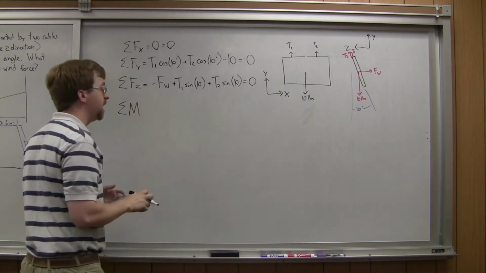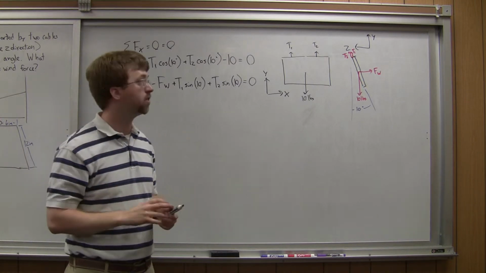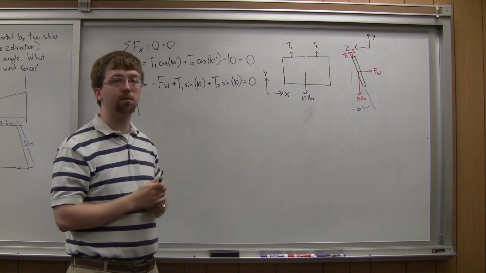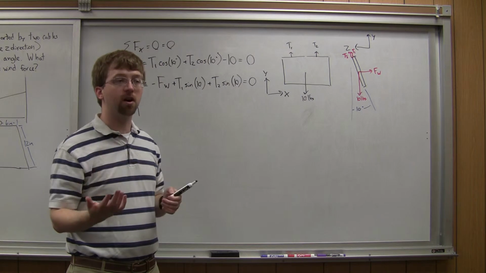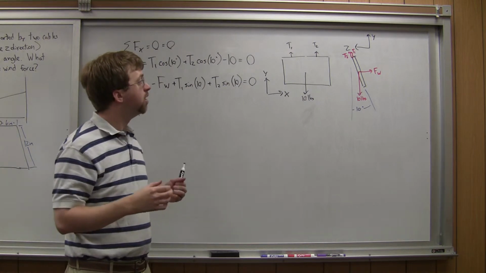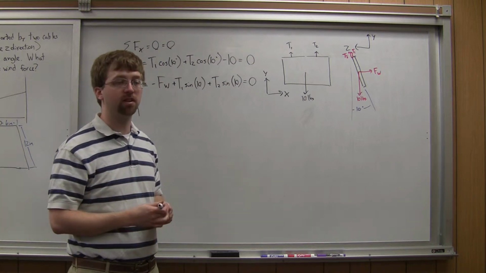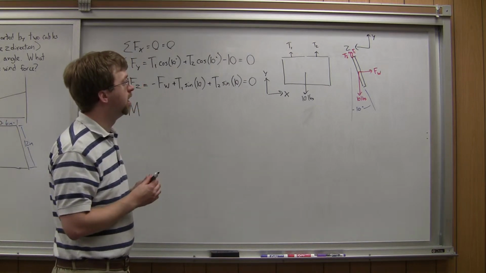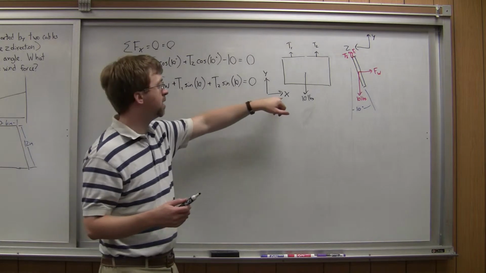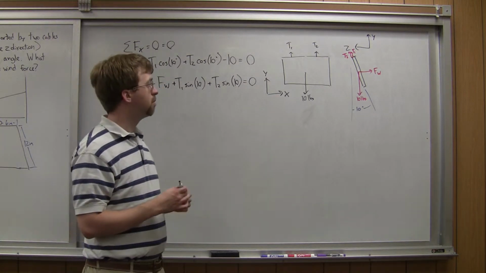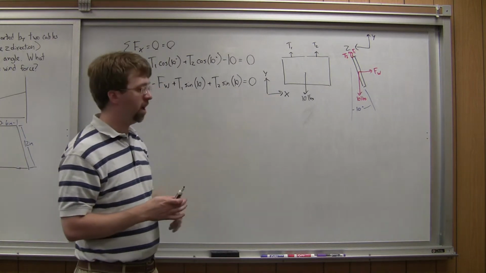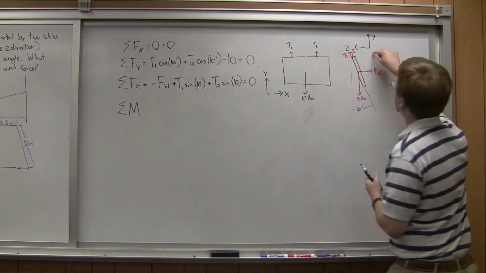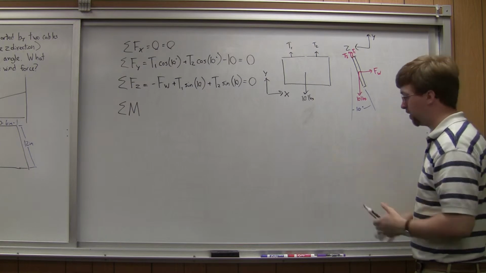And in 3D, I need to do two separate things. First of all, I need to determine the point I'm taking the moments about. And second of all, I need to determine the axis I'm taking the moments about. So in this case, I'm going to start with the moment about the x-axis, and I'm going to choose a specific point. So this is looking down the x-axis. That's how we want to think about this.